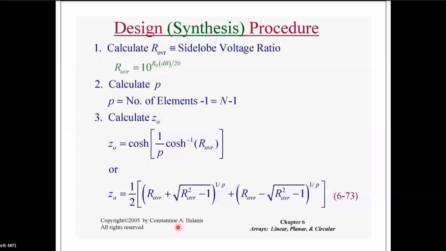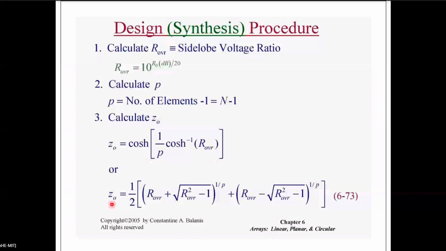And there is another parameter called Z0. Okay, Z0 is found out by this equation or this equation. We are all using this equation. So you can use this equation for Z0. I'm not going into the details of Z0. We are just going to see how to design.